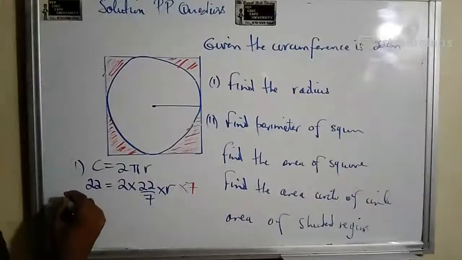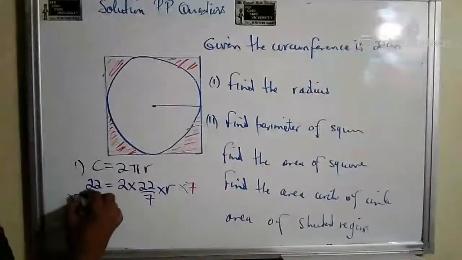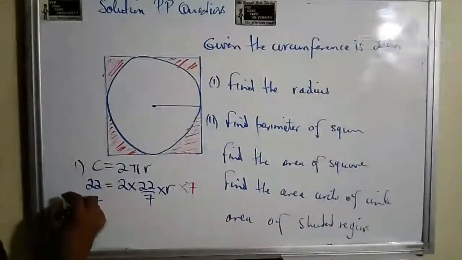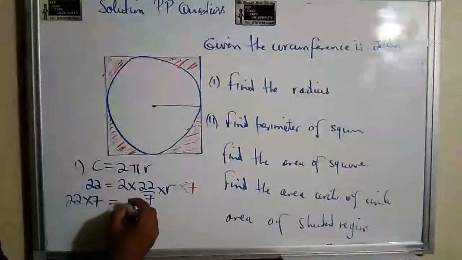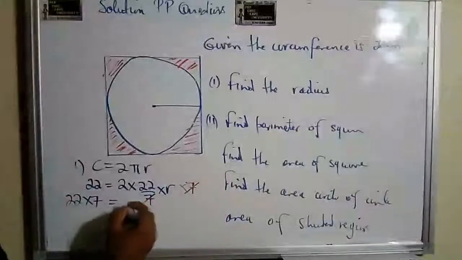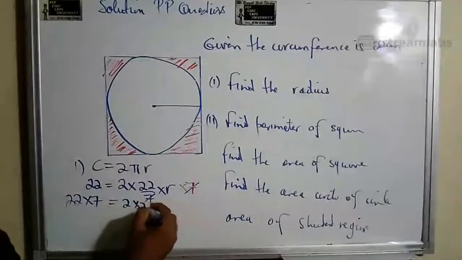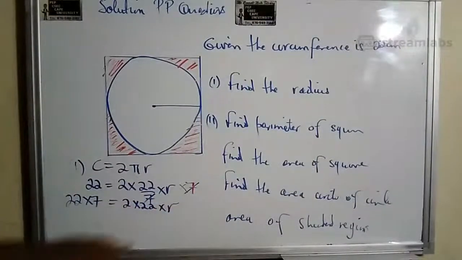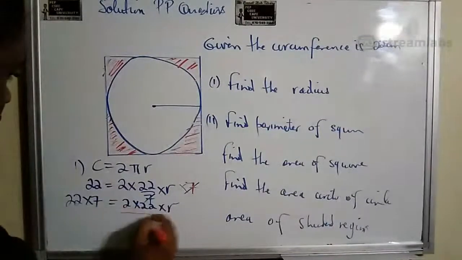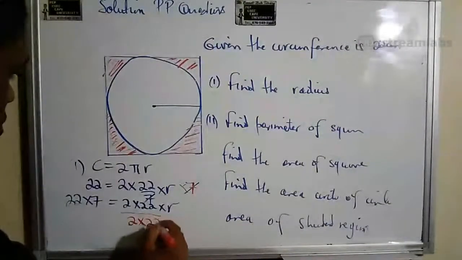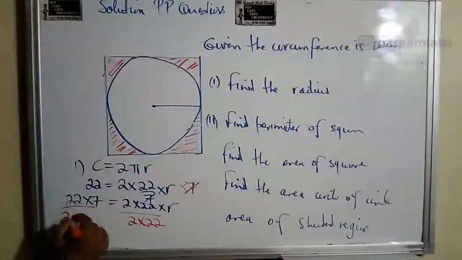So it's 22 times 7. So this will cancel. Is equal to 2 times 22 times r. Now these are being times, so we divide, right? So we divide 2 times 22. What we do to one side, we do to both sides.